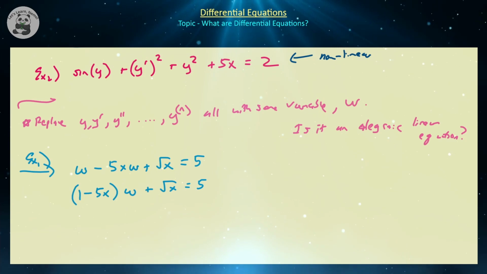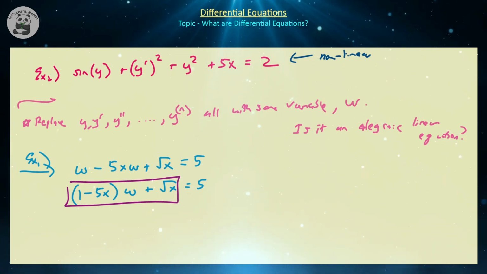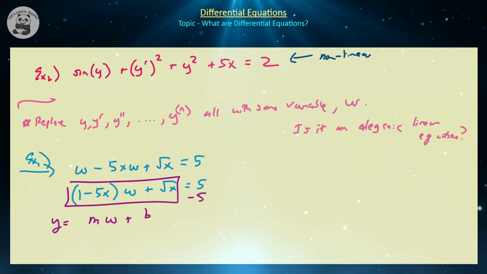Can you solve this equation for w? If you look at the left-hand side, what you have here is a y is equal to mw plus b equation, where w is my variable. So obviously you can shift that 5 to the other side, it's still a constant b, so that would be a linear differential equation.